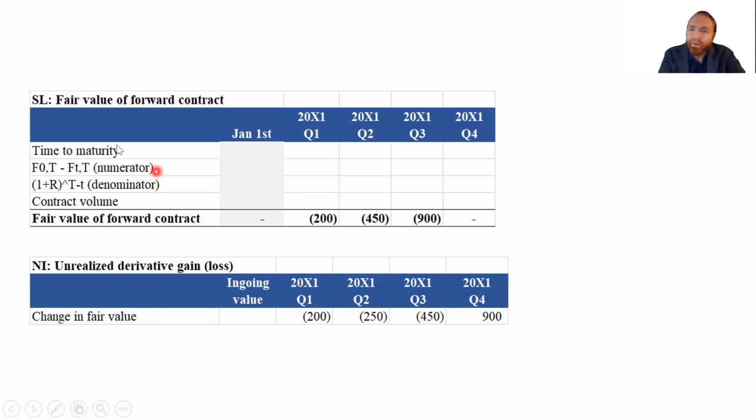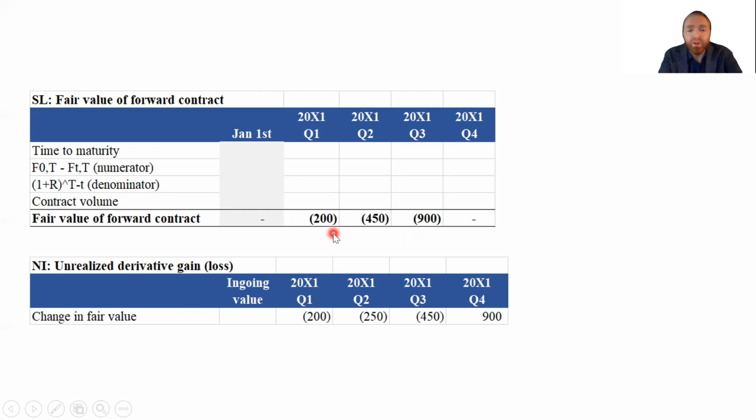And this is the topic for another video, exactly how that happens. We're going to set up some calculations here, but for now let's keep it simple and assume we've done that. So we've taken care of those steps, and the model is returning a valuation for us in these quarters, so that this is what we would take to be the fair value of the contract, and that would be shown in the balance sheet.